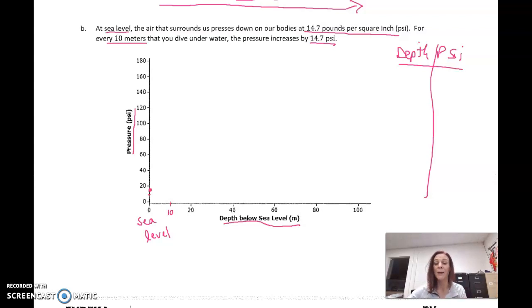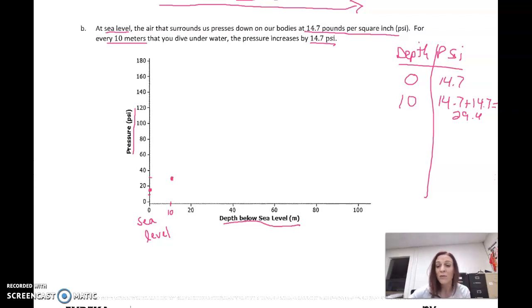Okay, I know it's sloppy, but at our 0 depth, we were at 14.7. Now, every 10 that we go over, so if I'm now at 10 meters, I'm adding another 14.7 on. So 14.7 plus 14.7 is 29.4. So at 10 here, I'm going to be at 29.4. So if here's 30, it's just going to be just below the 30.